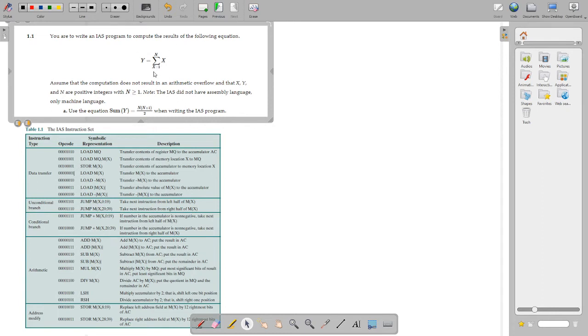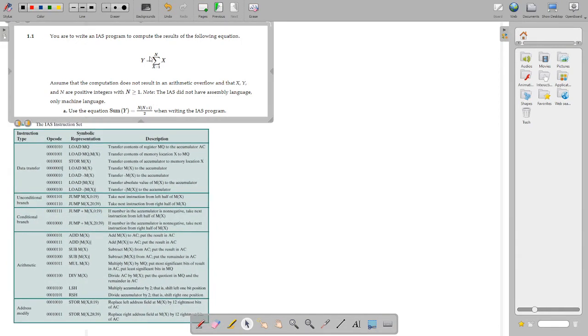So it just does 1 plus 2 plus 3 plus 4 until we hit some number n. We assume the computation does not result in an arithmetic overflow, and that x, y, and n are positive integers. It says IAS did not have an assembly language, but we're just going to pretend it did for a second before we get the actual answer.